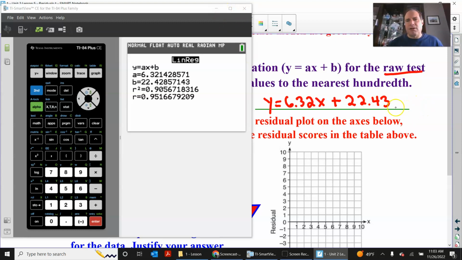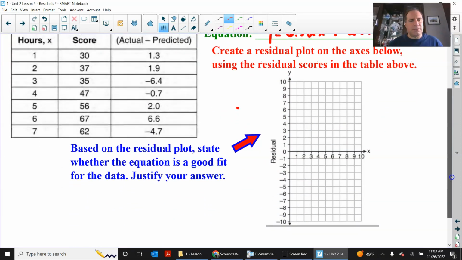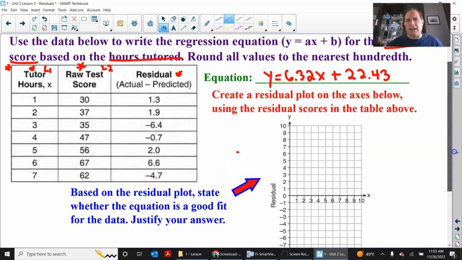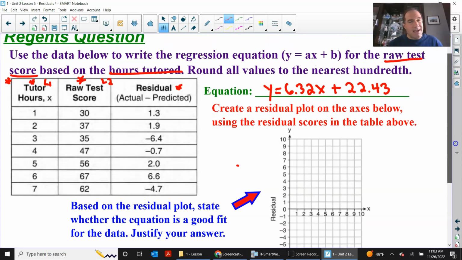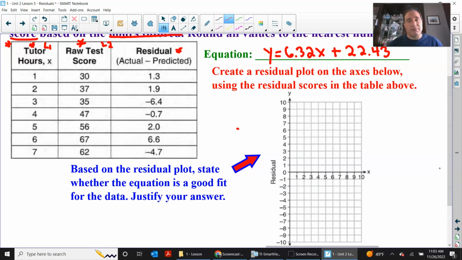I'm just going to put the r down as 0.95, although it doesn't ask for that. All right, actually I'm not going to put it down. Unless they ask for it, you don't put it down.